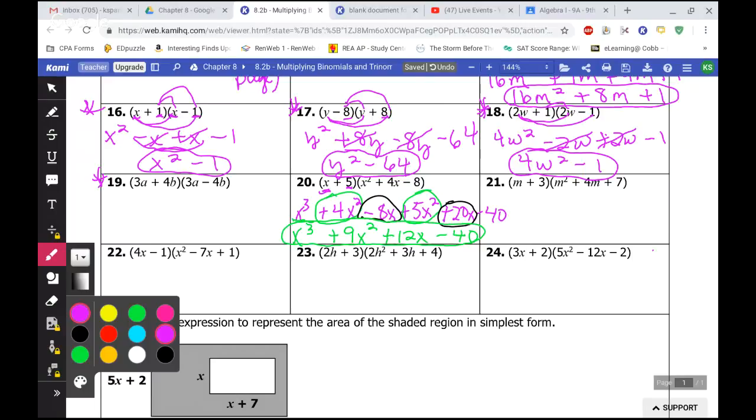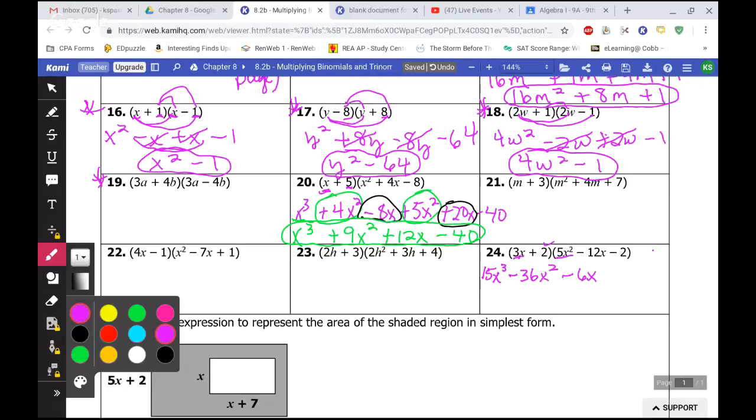So 3x times 5x squared is 15x cubed. And 3x times negative 12x is negative 36x squared. And 3x times negative 2 is negative 6x.